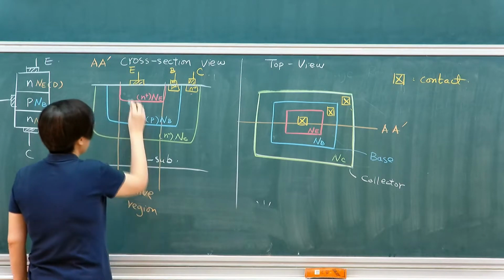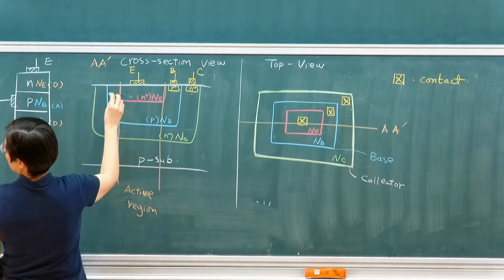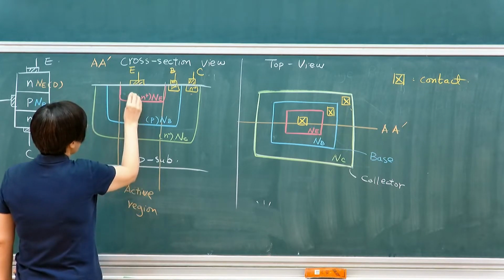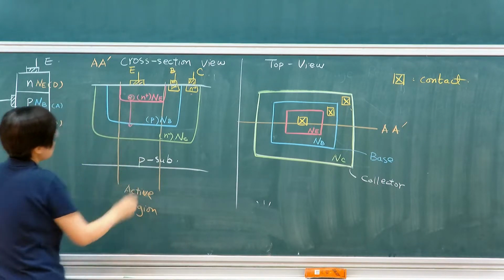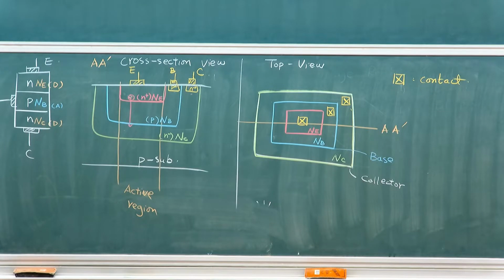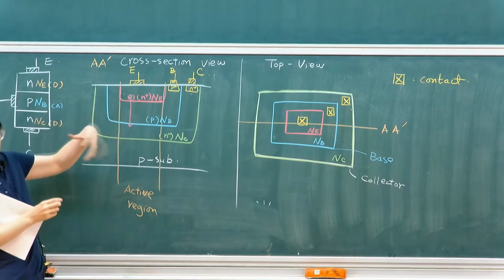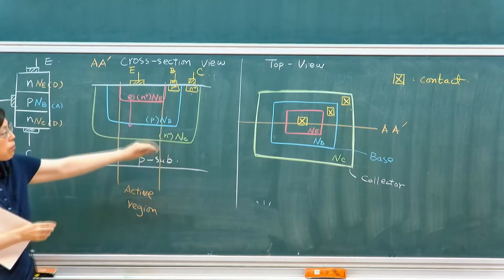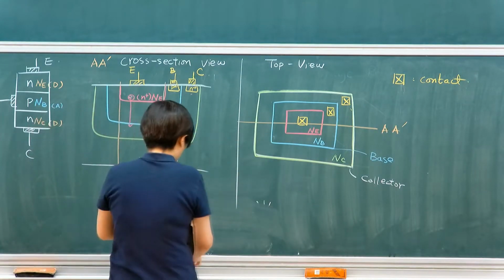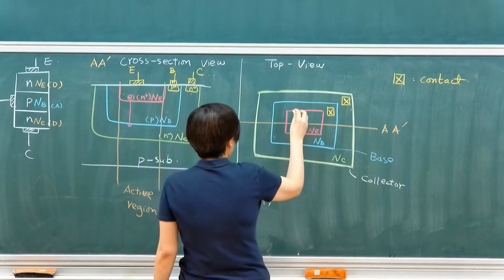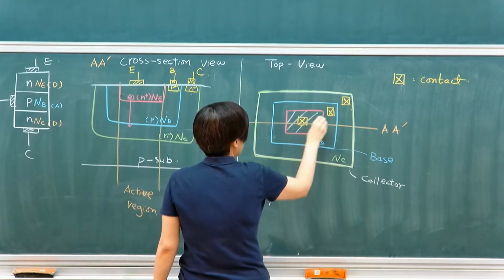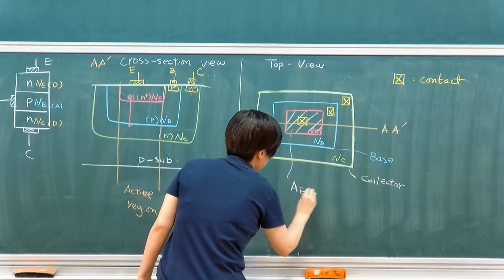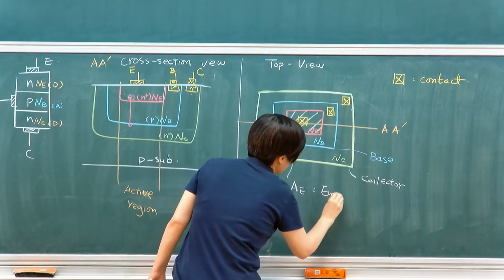So the active operation region is through this area. Only this region matters; the rest are all for connection. So the key important factor is this, which is called the emitter area.